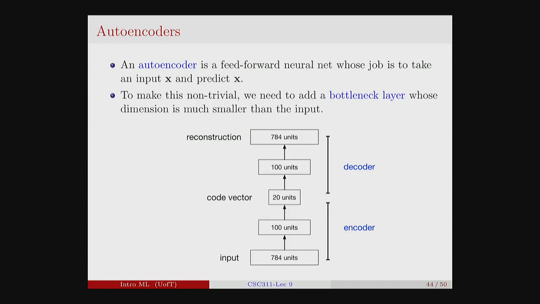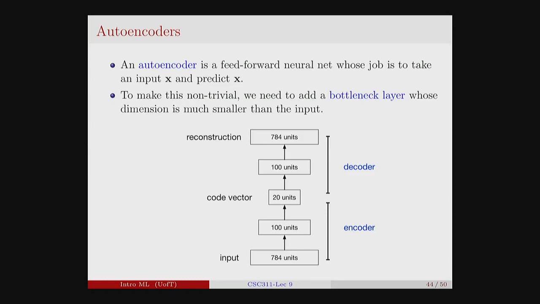So at this point, we've taken this input, applied a linear function and a nonlinearity, and then applied another linear function and potentially a nonlinearity to get the code vector. And this code vector has exactly 20 dimensions in it. So we've compressed our data from 784 dimensions onto only 20 dimensions.